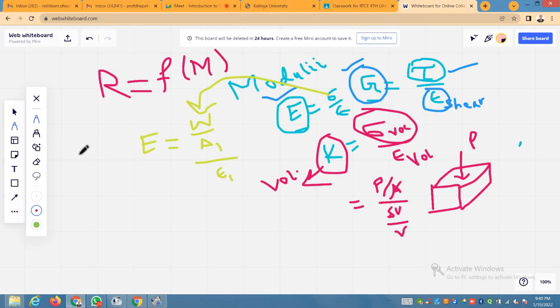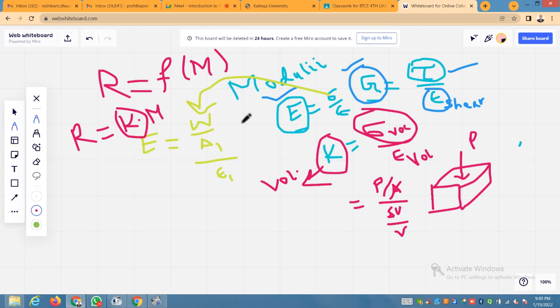In mathematics, result is a function of marks, which means I have to put some constant here, k into m. The marks will be multiplied with that constant, and the result will be obtained.